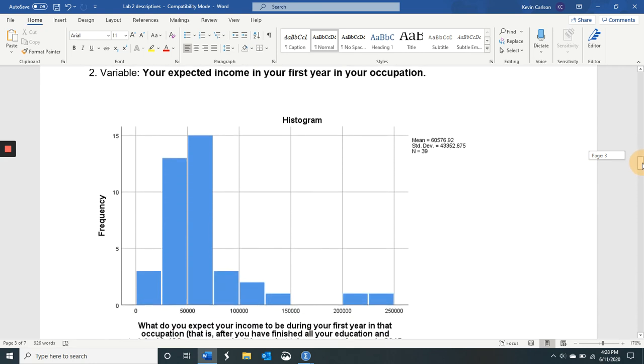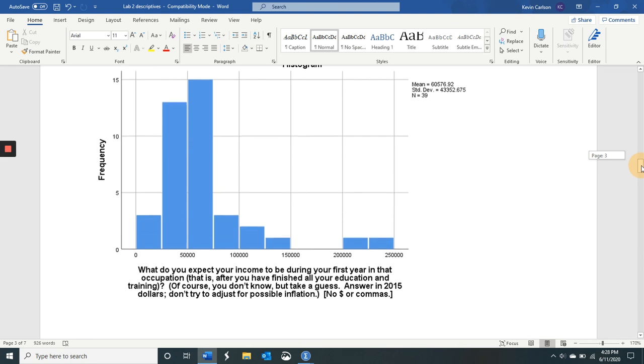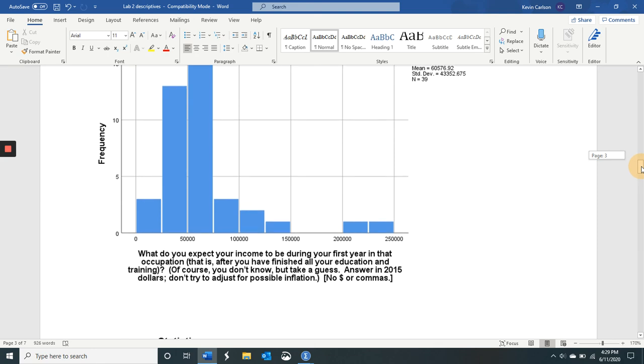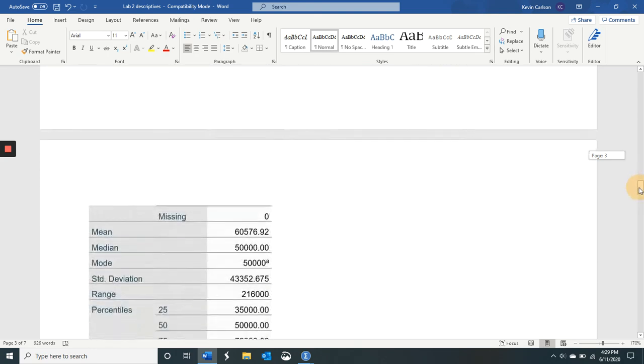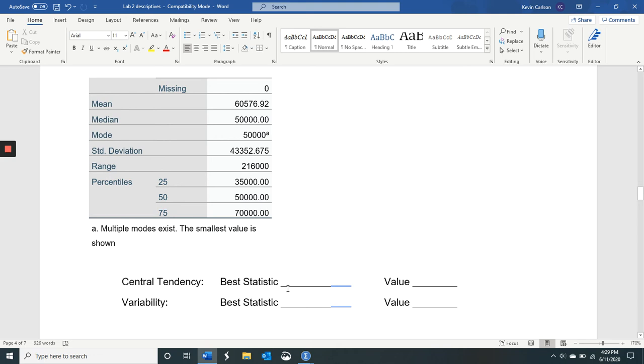Question 2, so here you're given the frequency distribution. You have to make a decision whether this is normal or skewed or another type of distribution. Based on that answer, you're going to look at the output here, and you're going to choose the best statistic. For the best statistic for central tendency, you use the word mean, median, or mode.